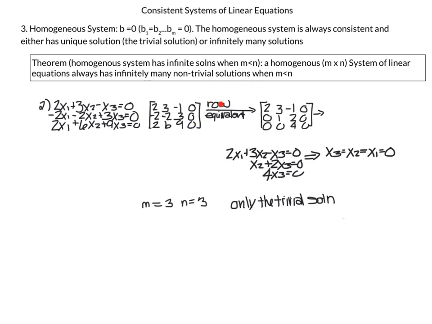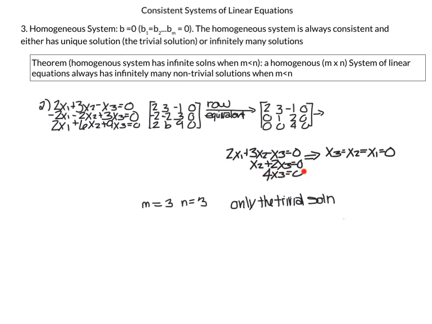And this is row equivalent to the echelon matrix 2, 3, minus 1, 0, 0, 1, 2, 0, 0, 0, 4, 0, which represents the system of equations 2x1 plus 3x2 minus x3 equals 0, x2 plus 2x3 equals 0, and 4x3 equals 0.